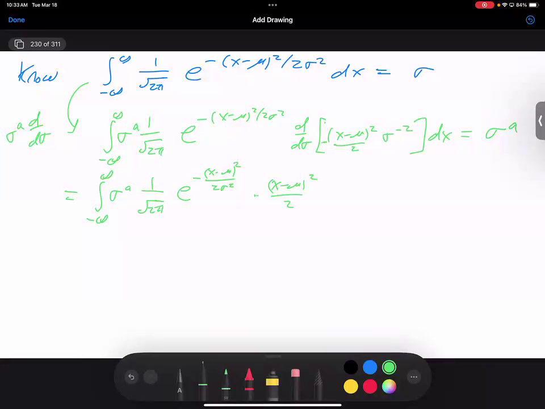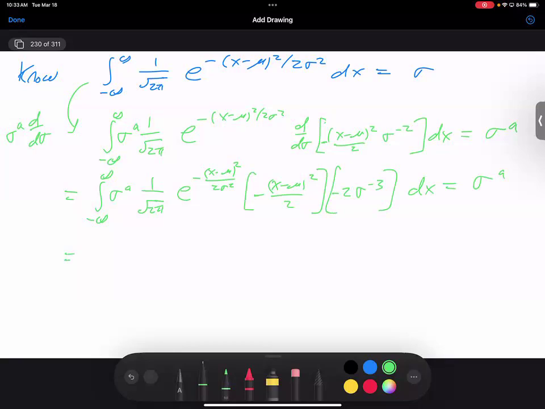Drop the minus sign, because that's just a constant. Now, what's the derivative of sigma to the minus 2? So it's minus 2 sigma to the minus 3 dx equals sigma to the a. Oh, look at this. The minus signs cancel, the 2's cancel, right?